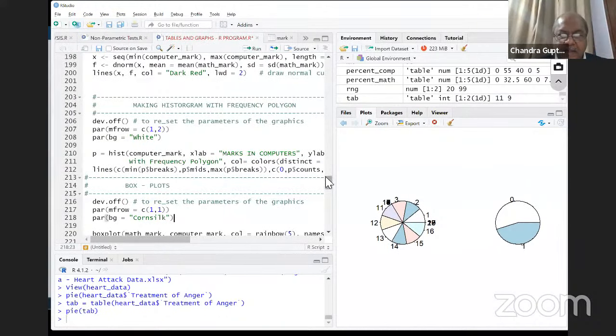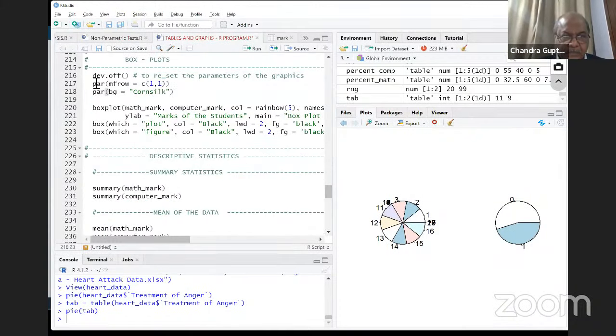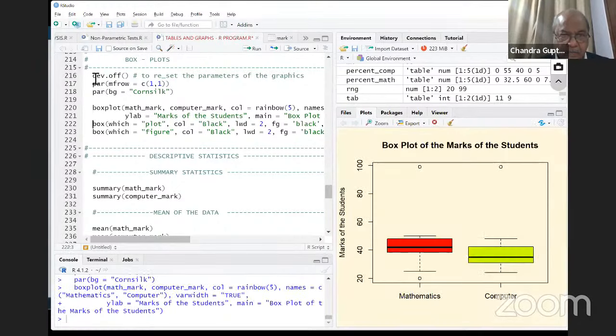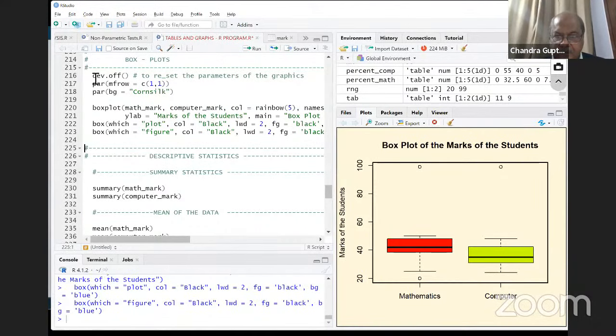Okay, so let's make the box plot now. This is the mathematics and computers. That's what we get.